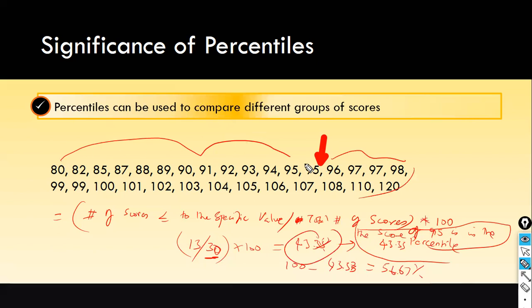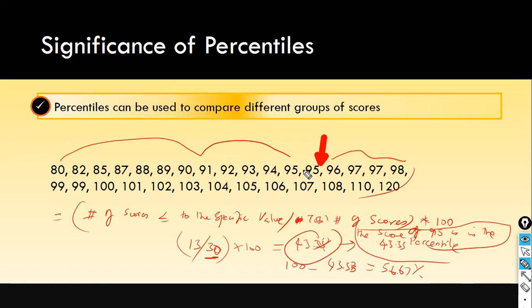What is the relative standing of your score compared to others? After we obtain this percentile for this specific score, you can see that 43.3% of the scores in this data set, or students, scored less than or equal to your score.